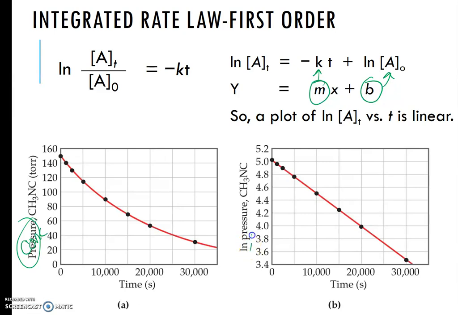If we plot the natural log of concentration over time, we get a linear fit. So we can backtrack and get the initial concentration and the rate constant k using the natural log plot. And I would say that this is an answer to some of the beginning questions. So look at number 9 and 10.